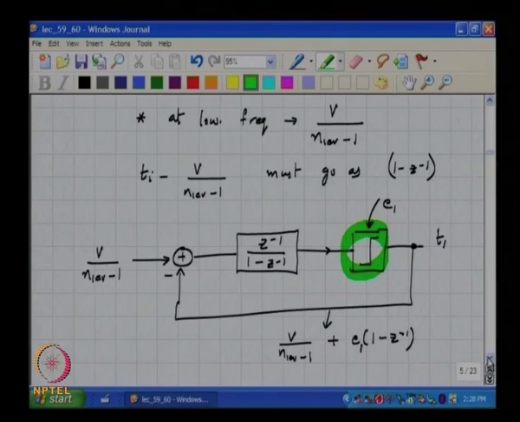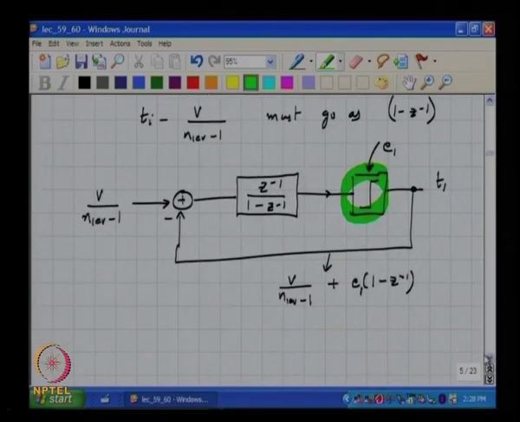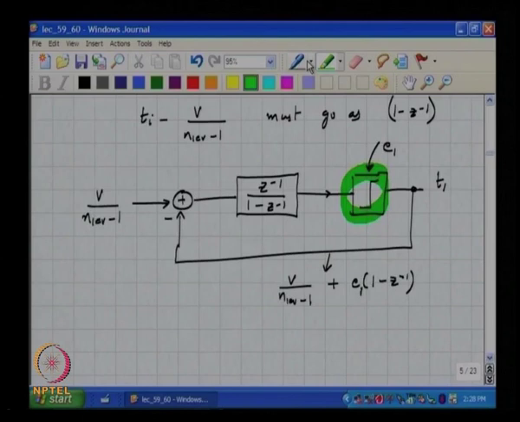Now, what should I do to get T2? Well, okay. And T3 and T4 and T5, what should I do? Well, okay. So, the suggestion is that in our example if you have 4 levels, you will have 3 unit elements.